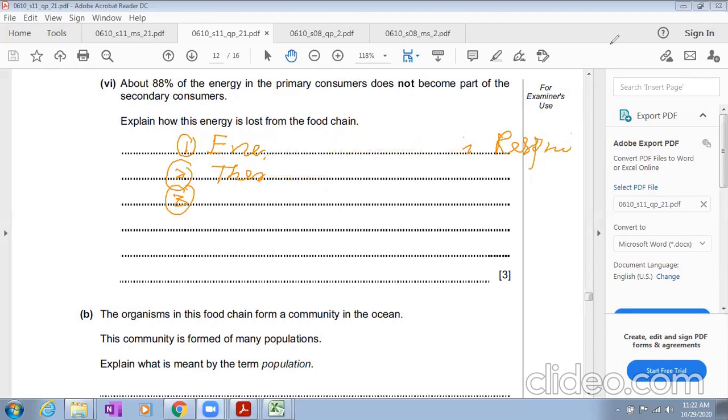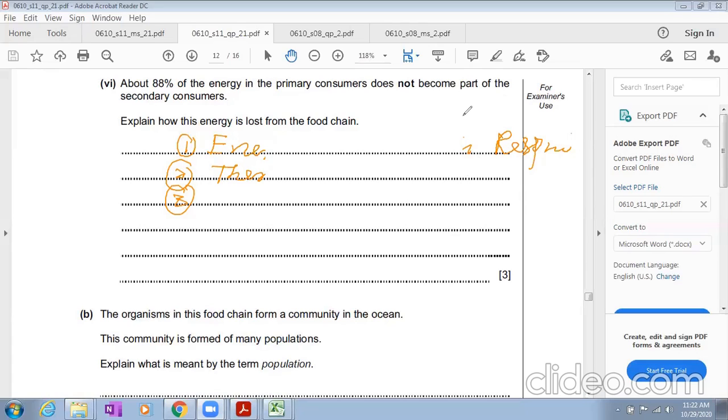Not all parts of a plant can be eaten by the consumer. Some food remains unconsumed and is thrown away. So not all parts of the plant, and not all organisms, are eaten. Some material may be removed in the form of excretion, right?